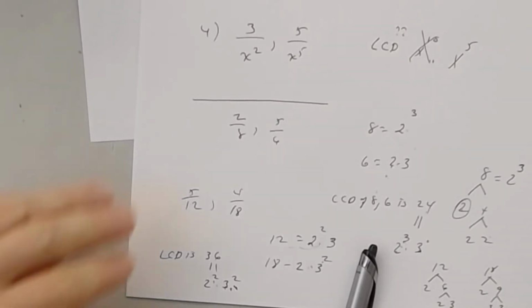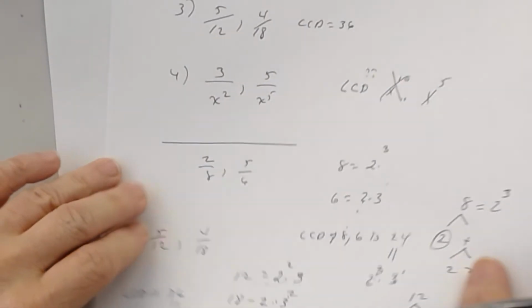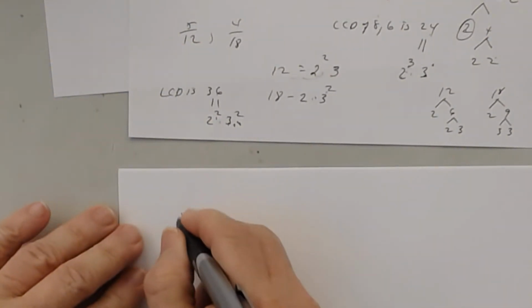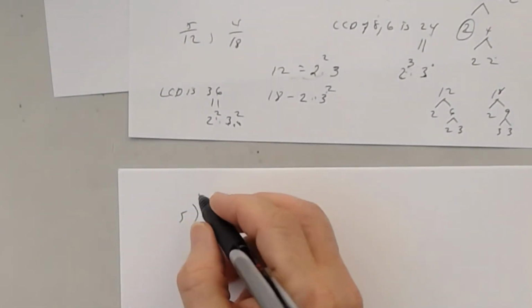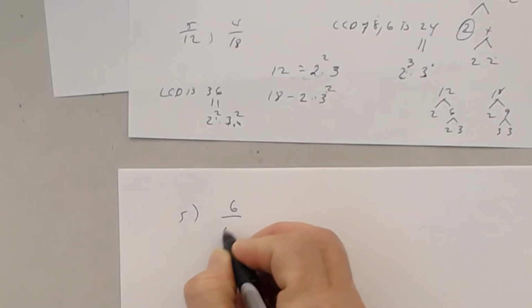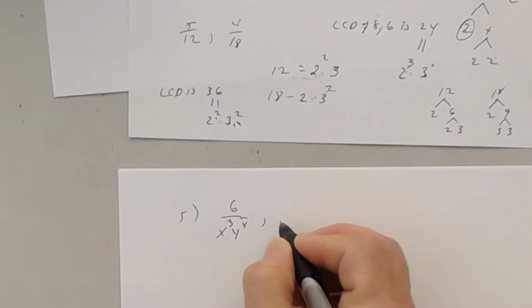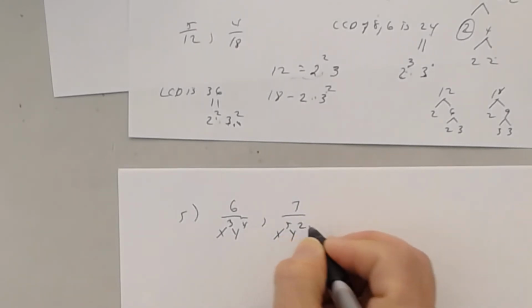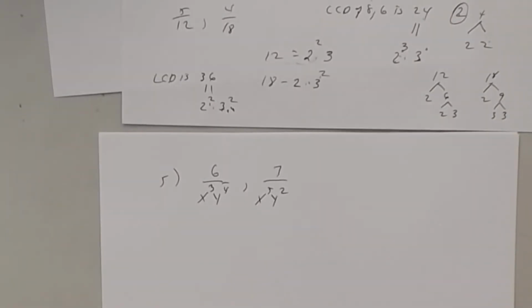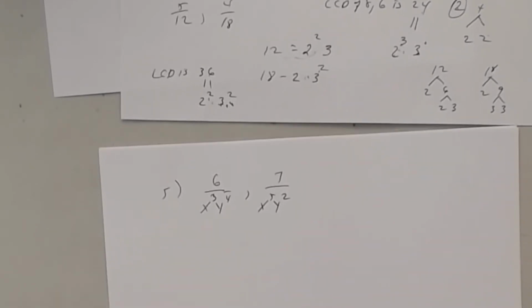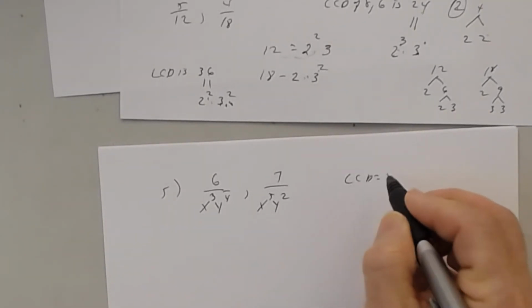All right, let's look at number 5. 6 divided by x cubed y to the 4th, comma, 7 divided by x to the 5th y squared. So let's talk about the LCD.